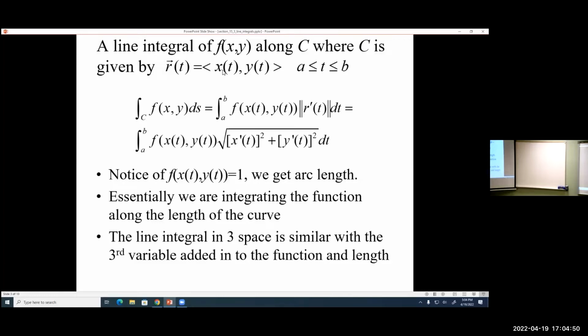Then we find the derivative of x and y, and those go into the arc length portion of the line integral. It's actually a really straightforward process. Now, yes, if our parameterization is really messy or our function is really messy, we might get a messy integral, but setting it up is just a matter of substituting into the formula. And we're going to try one of those when we go to the worksheet.